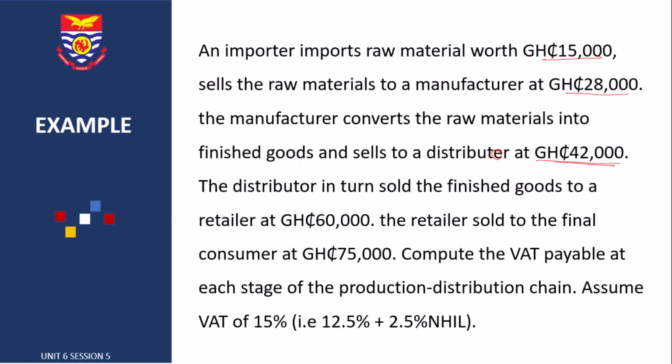The distributor in turn sold the finished goods to a retailer at 60,000 Ghana cedis. The retailer sold to the final consumer at 75,000. Compute the VAT payable at each stage of the production distribution chain. Assume VAT of 15%, that is 12.5% plus 2.5% NHIL.